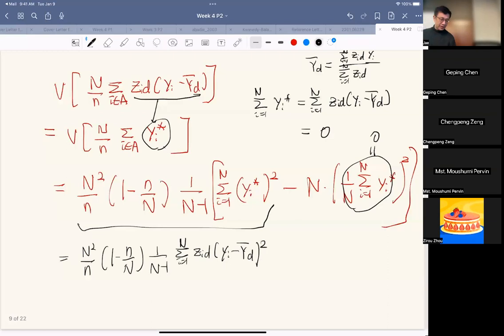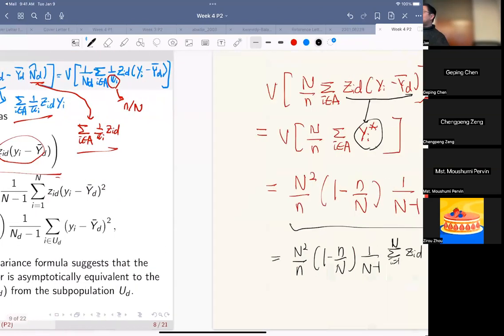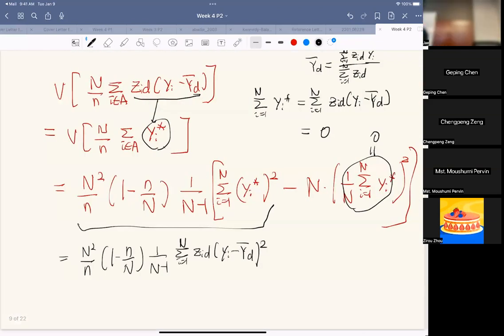For example, if you use the lecture note and you try to show it, maybe it's not easy. Maybe there's some step you didn't catch, right? And then once you try it first, and then you see this one, you will immediately realize where you had the trouble. So that's actually a more efficient way of learning.